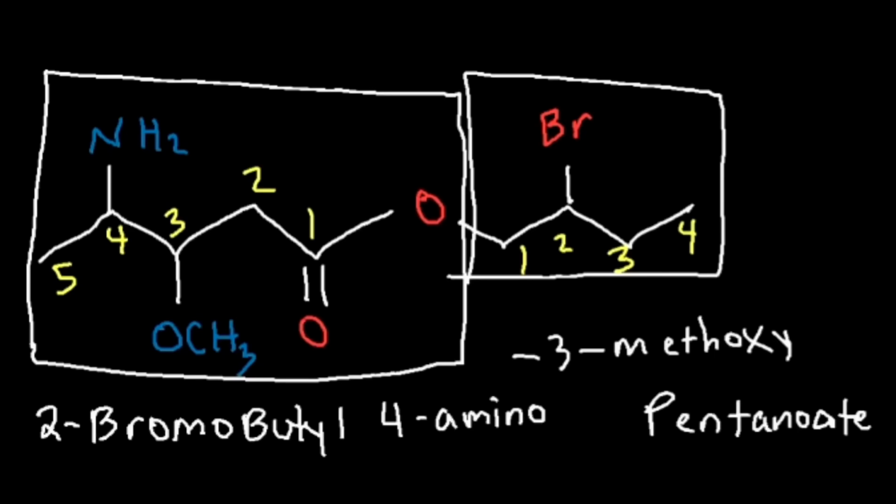So it's 2 bromo butyl 4 dash amino dash 3 methoxy pentanoate. And hopefully I got everything there. I'm trying to be careful and avoid mistakes, because when you have a complicated molecule, it's very easy to make a mistake. So now this is going to be the last example for today.